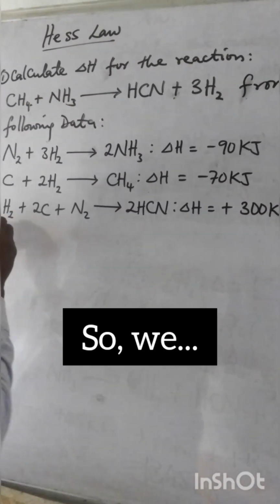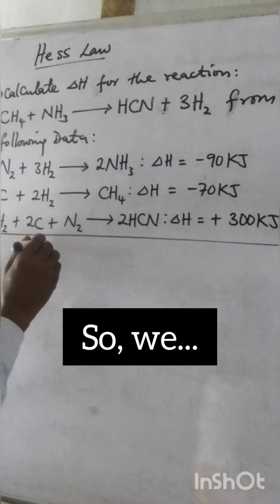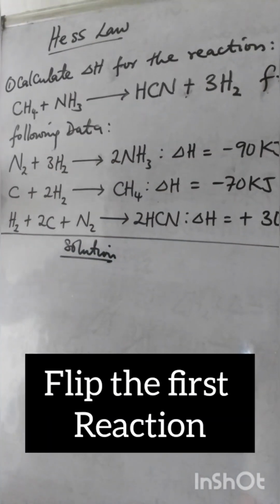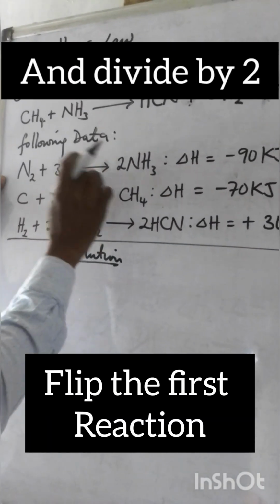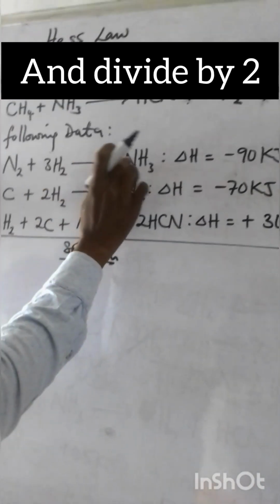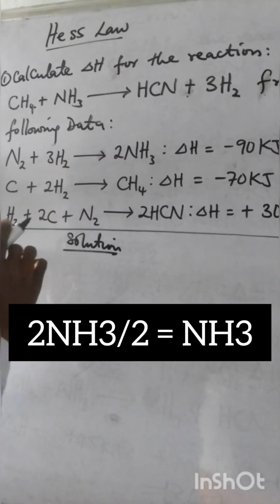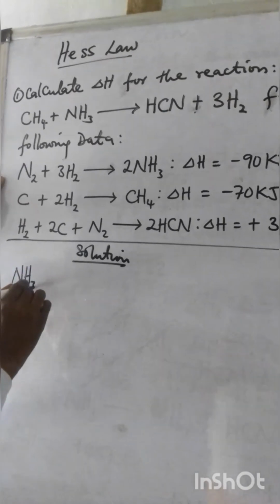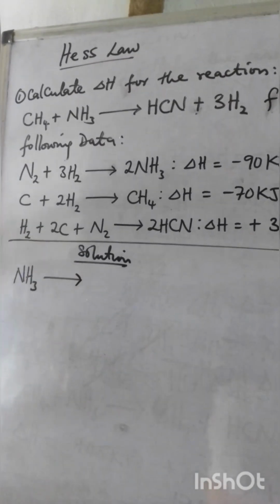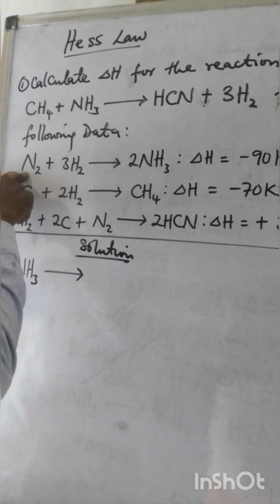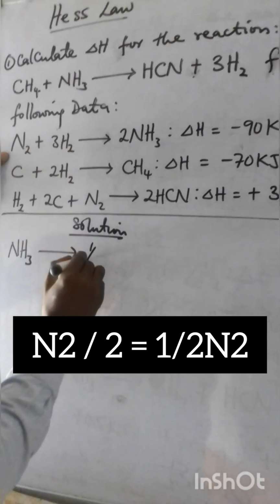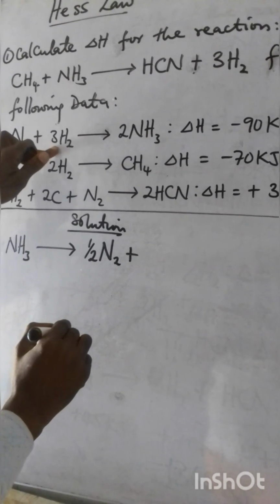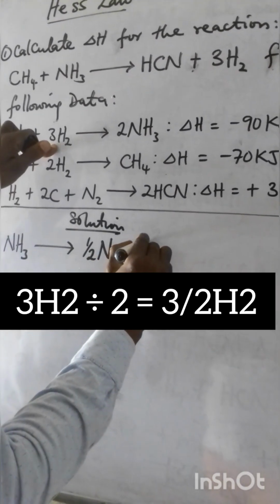So let's go. We flip the first reaction and divide by 2. And that is 2 divided by 2. 2 ammonia divided by 2 will give us 1 ammonia, to yield 1 nitrogen divided by 2 will give us half nitrogen, plus 3 hydrogen divided by 2 will give us 1.5.